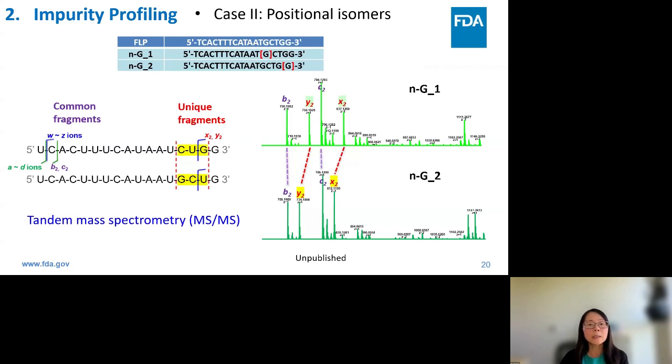By tandem MS, notably, diagnostic fragments to each individual isomer can form from the backbone cleavages within the yellow highlighted blocks, where the deleted G would reside in the full-length sequence. Those unique fragments identified can then be used to identify and quantify the positional isomers.